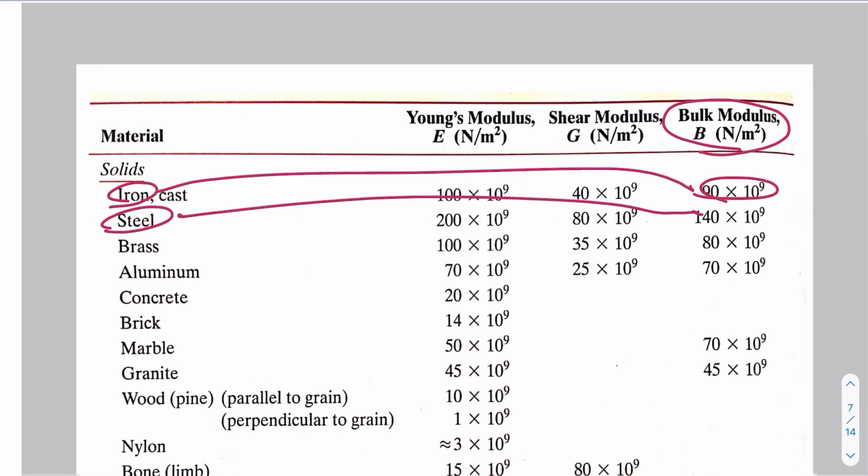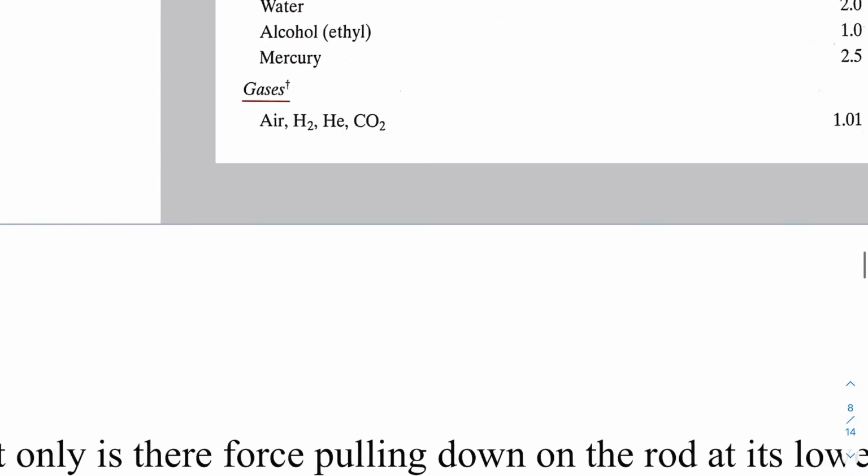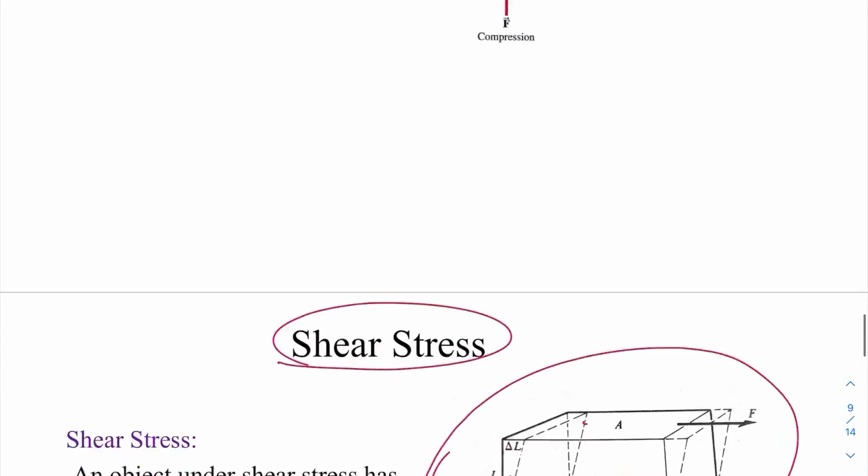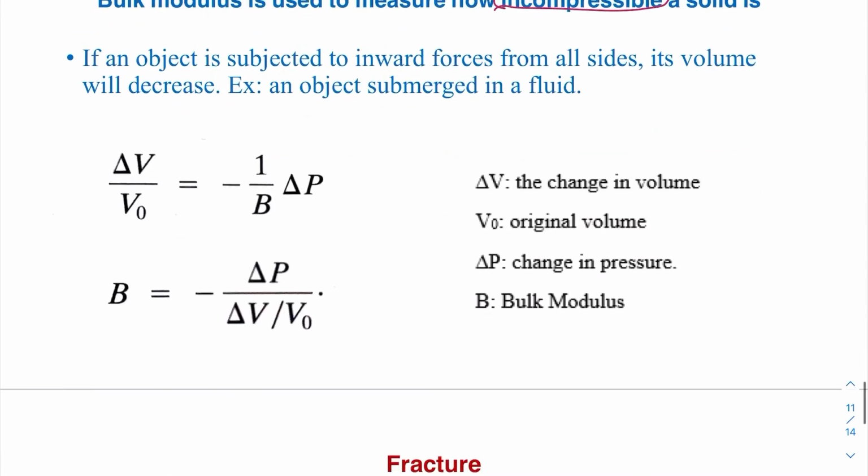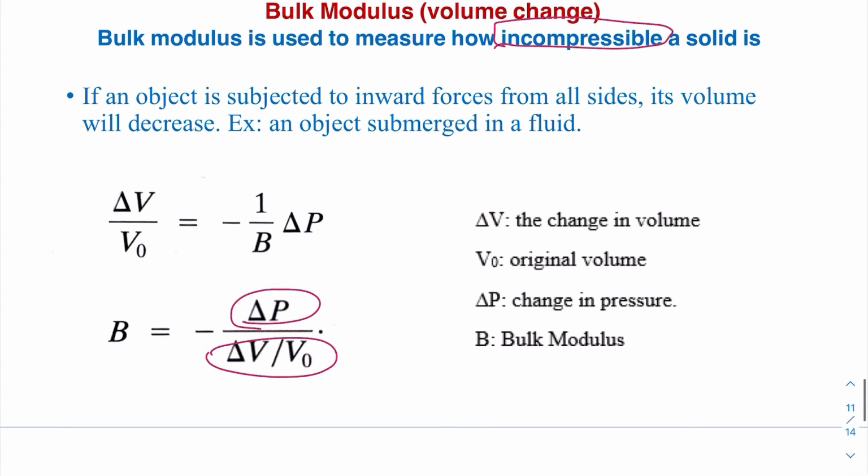Bulk's modulus is equal to stress divided by strain. Here we are talking about volumes, so instead of changing length or the shear change of the object, we are talking about the change of the volume, because the object is under pressure from all possible sides.